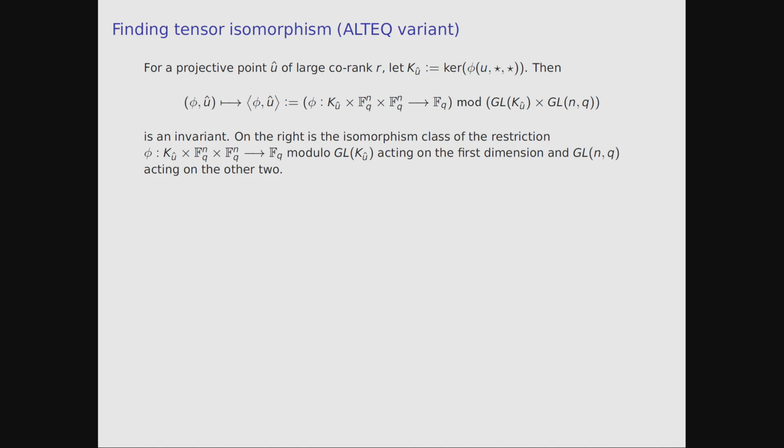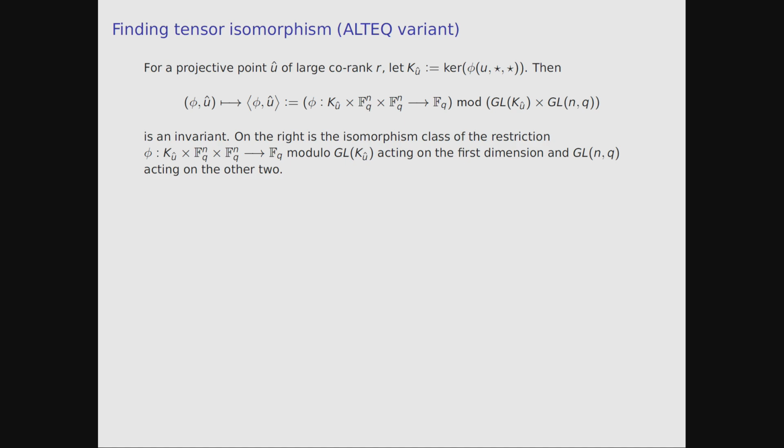So if I map everything to, say, 0, that is a perfectly good invariant, but that is useless for actually finding useful collisions, right? So for ALTEQ, we don't know how to do it with corank 1 points. So we have to resort to much higher coranks, say R. And in this case, if I take phi, which is the tensor, and take the inner product with U, as before, I get a matrix, and this matrix has a kernel of dimension precisely R, right?